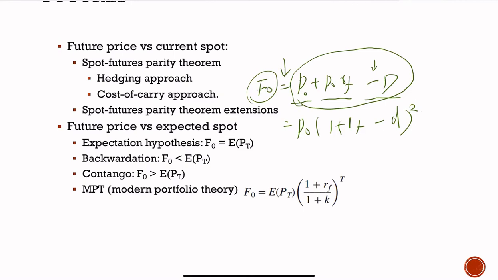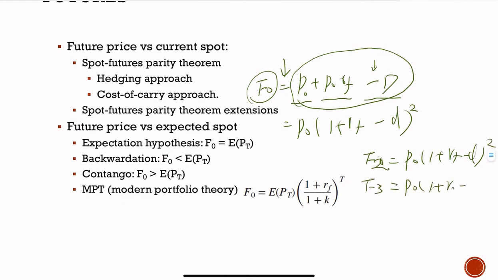also discussed how these future prices are related. So basically you can see that F1 equals P0 times 1 plus RF minus D. So let's say this is F2, so this equals the squared term. Then F3 would be P0 times 1 plus RF minus D cubed, right?